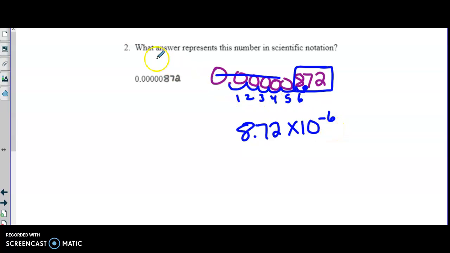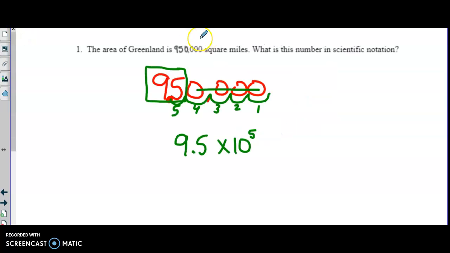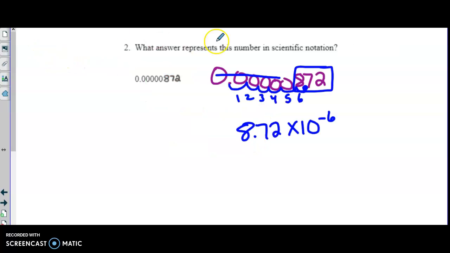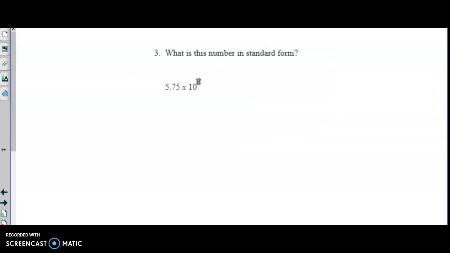The way I always think about it is if I'm dealing with a really big number, like 950,000, that's going to have a positive exponent. And if I'm dealing with a really small number, like 0.0000872, that's going to have a negative exponent. So usually the way I remember it is I just ask myself, was it a big number or a small number? And that tells me whether my exponent will be positive or negative.